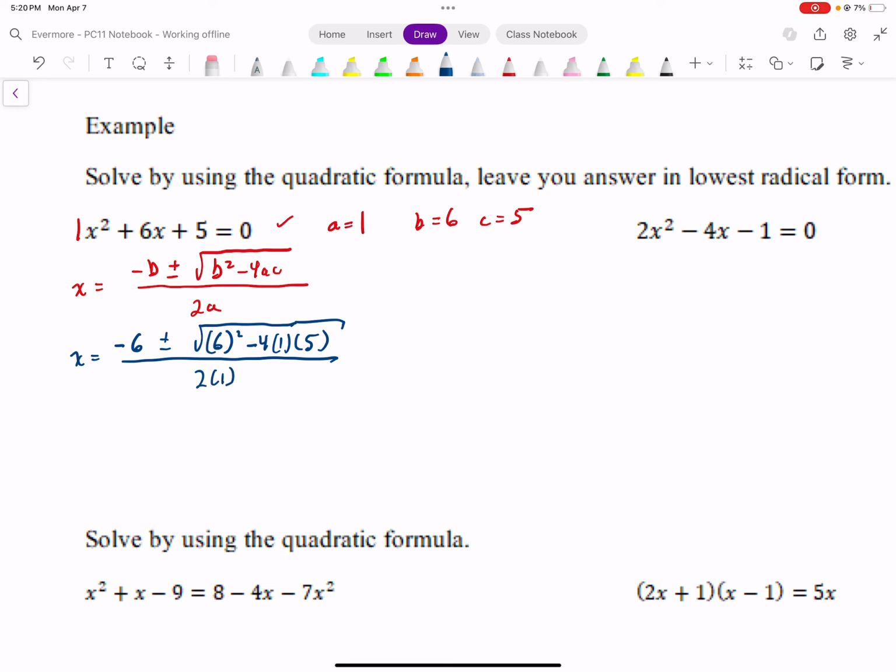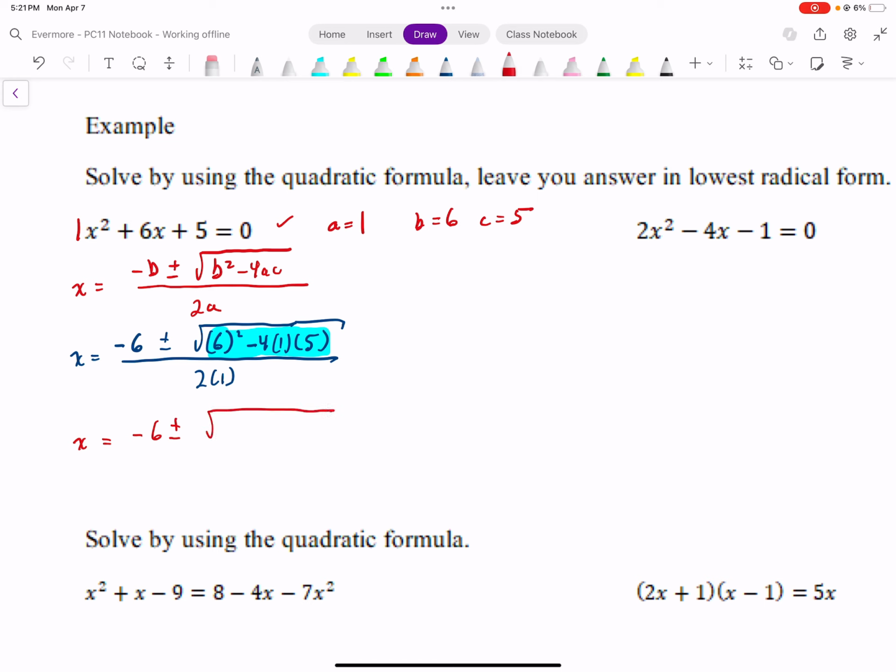So just need to simplify this out. What's really important to recognize is that we need to simplify what's under the radicand first. So what we have is x is equal to negative 6 plus or minus the square root.